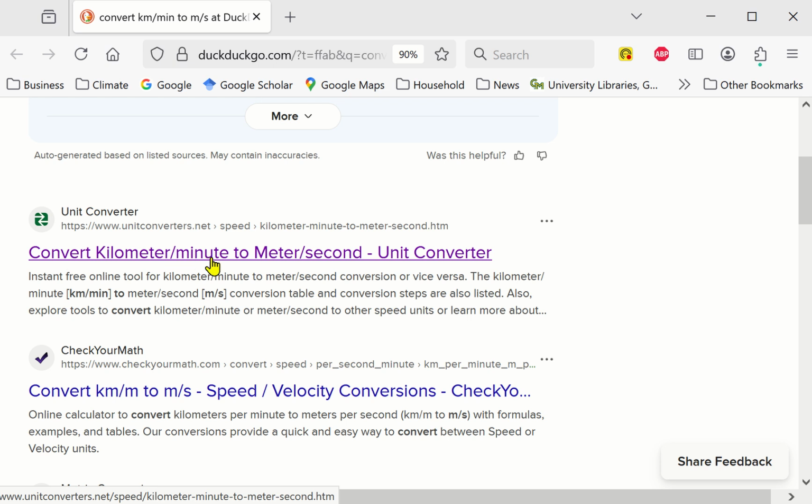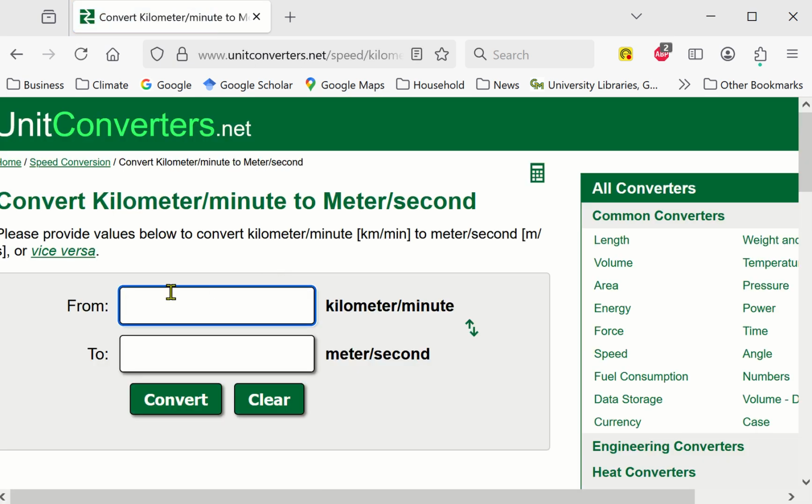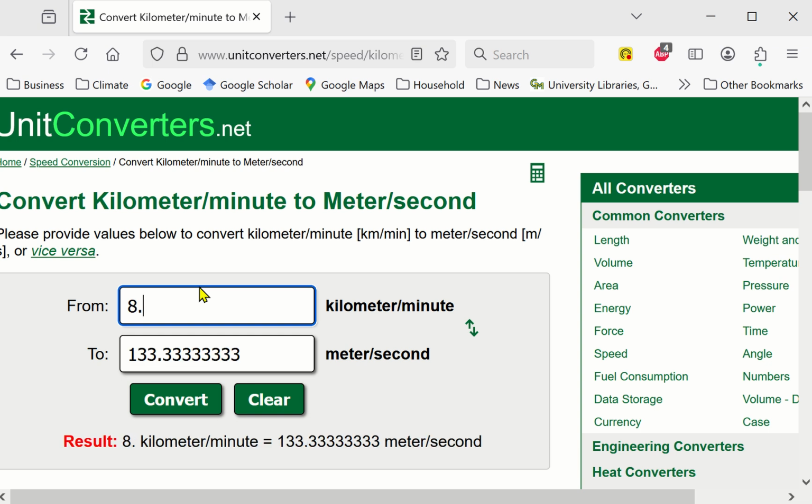Convert kilometer per minute to meter per second. You click on it, and we're going to want to convert our numbers, which are 8.864 divided by 0.297 minutes, and it's converting kilometers per minute to our answer, 497.4. In this case, you round it to 3, and you find that, okay, I got the right answer on my homework.